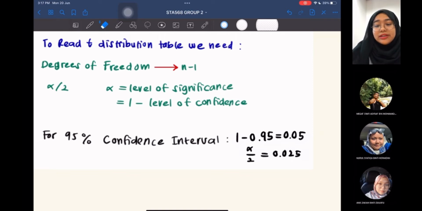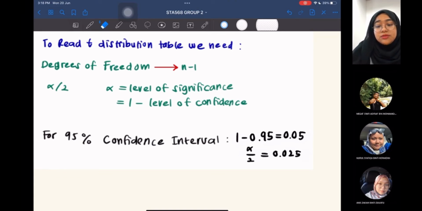Based on the information that is used to calculate S, the sample standard deviation, for the types of examples we'll be doing in this discussion, the degrees of freedom will be given as n minus 1. Next, we need alpha divided by 2, where alpha is the level of significance.